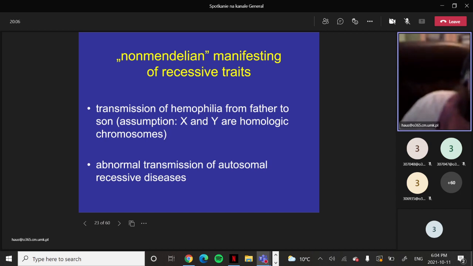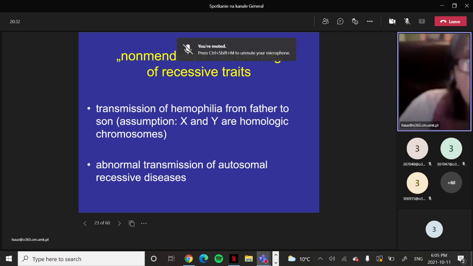Transmission of hemophilia or Duchenne muscular dystrophy from father to son. There is one assumption that X and Y are homologic chromosomes. Yes. Or if these chromosomes are not sex chromosomes, imagine that they are autosomal chromosomes, abnormal transmission of autosomal recessive diseases.